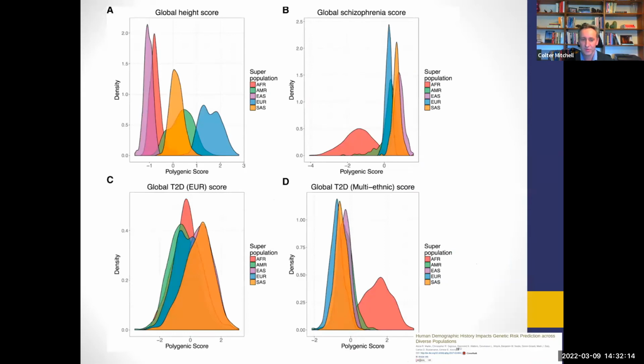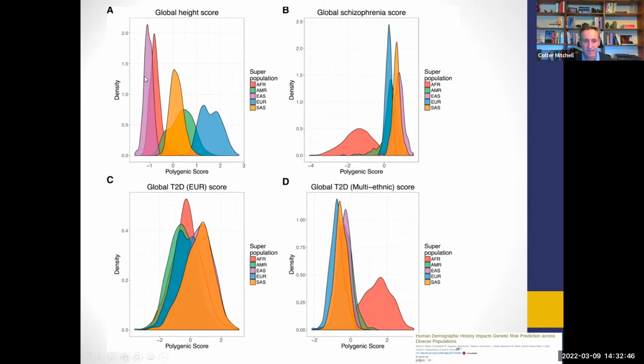So the reason why that's important is this next slide. The whole point behind that, and probably too much detail for that, is to say that what ends up happening when you create polygenic scores is you end up not being able to compare across ancestry groups. If you were to take this and look at height, for example, here's the European ancestry, and it looks like they have higher polygenic scores for height.